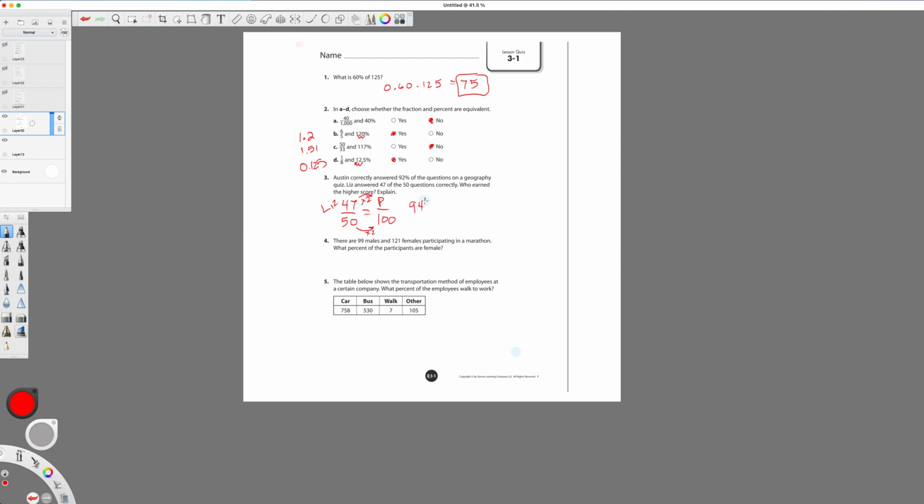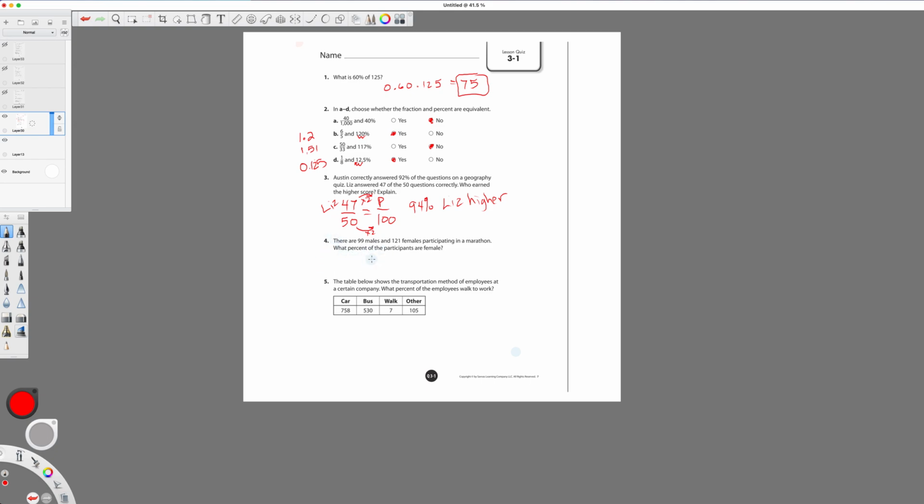Liz got a 94%, Austin got a 92%, so Liz scored higher by 2. An alternative would have been to take Austin's percent and make it out of 50 and see how many points he scored. That happened to be 46.